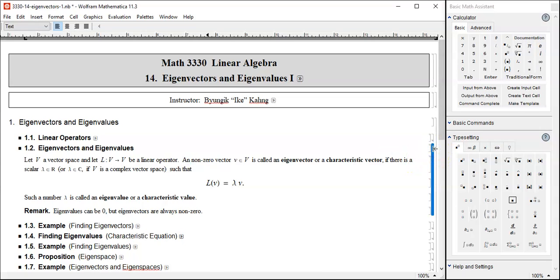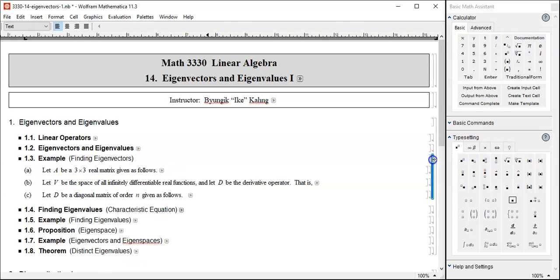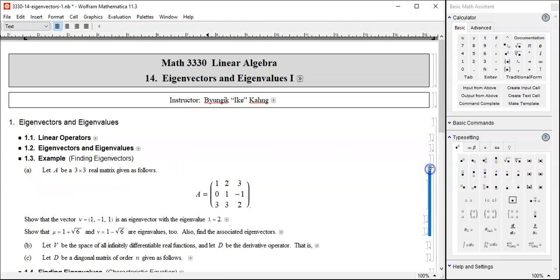Okay, so much for the definition, and let's go to some example problems. Here's the first type. We have a linear operator given by a square matrix. Yes, we need a square matrix because we have to go from Rn back to Rn, the same dimension. Show that the vector (1, -1, 1) is an eigenvector with the eigenvalue lambda equals 2.